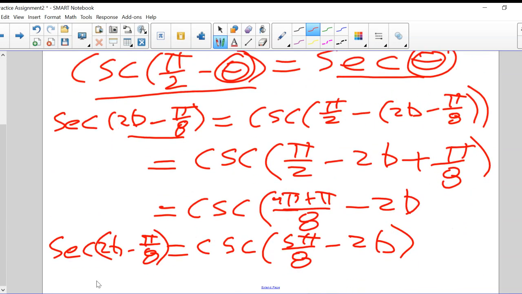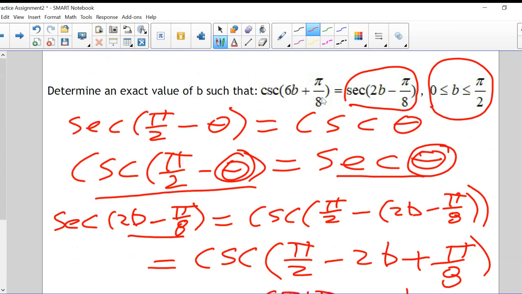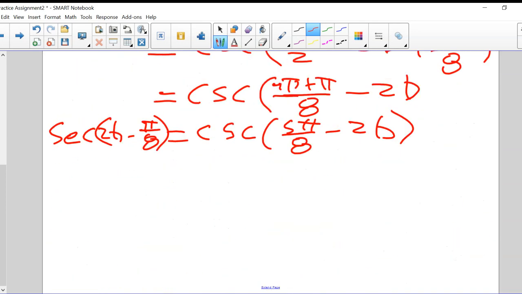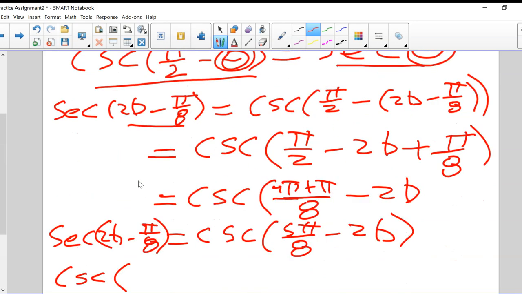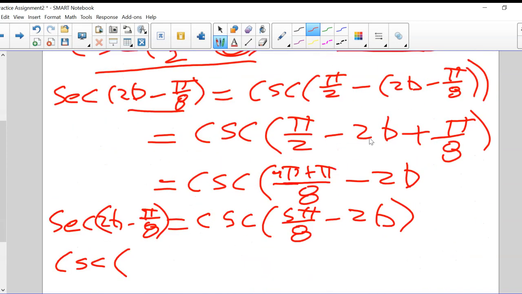So instead of putting the secant of 2b minus pi over 8, I'm going to put what it's equal to, the cosecant of 6b plus pi over 8.